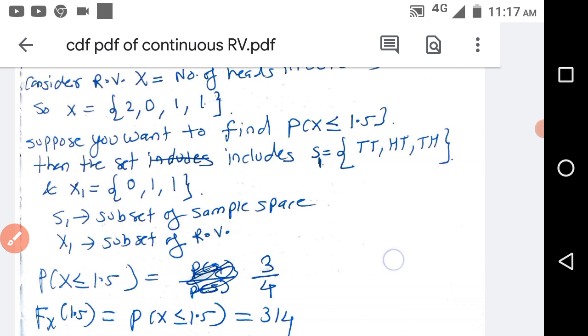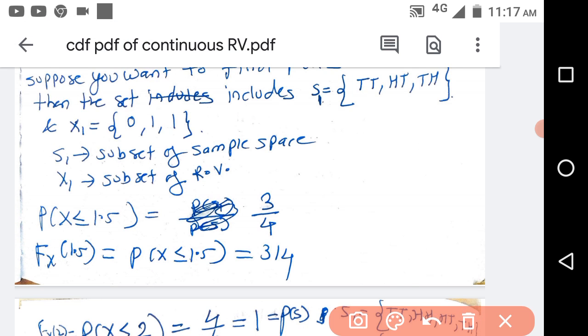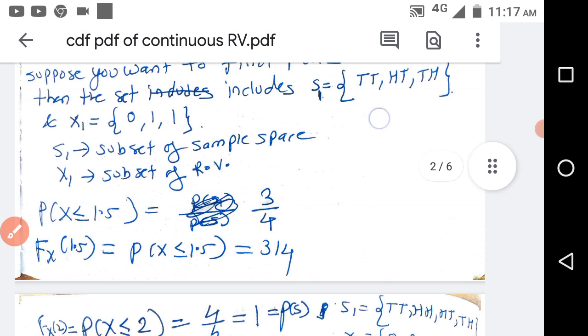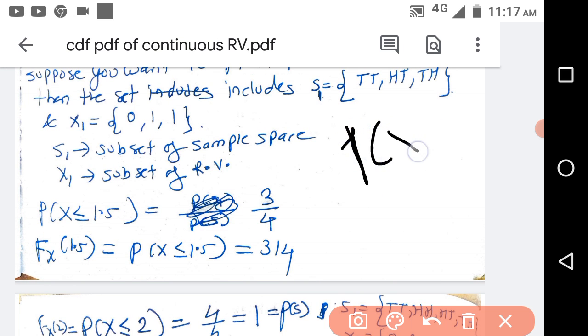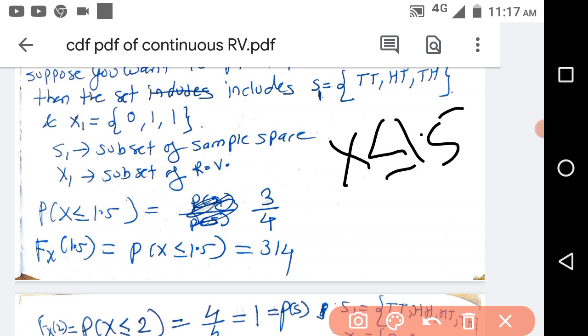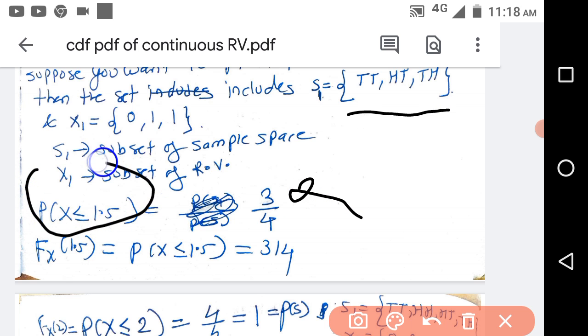So what is the probability of X less than or equal to 1.5? You understood now that the set is this one; this set corresponds to X less than or equal to 1.5. In this there are three outcomes and total outcomes are 4. So the probability is 3 by 4. This term is nothing but the CDF.